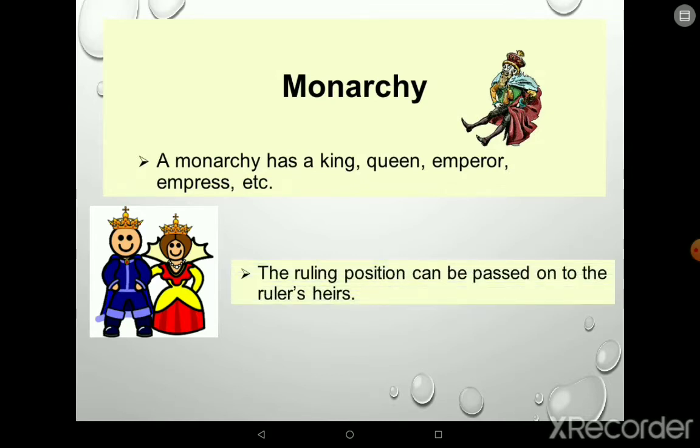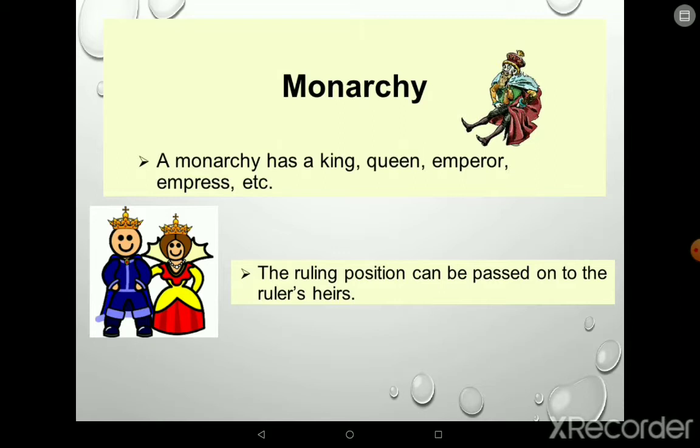The ruling position can be passed on to the heir if the monarch dies. The seat of heredity, the position of ruling, automatically goes to the heir of the previous ruler, who then becomes the monarch.